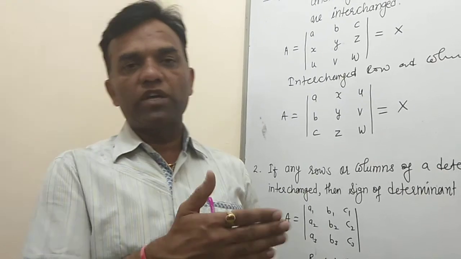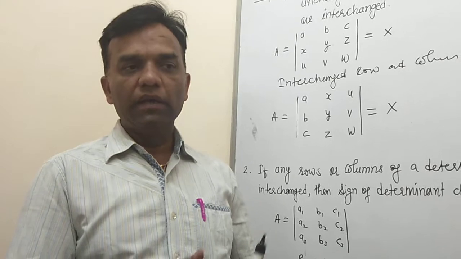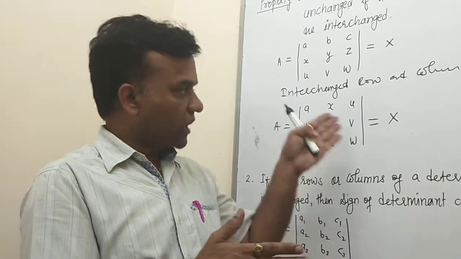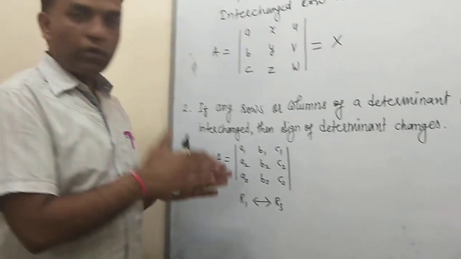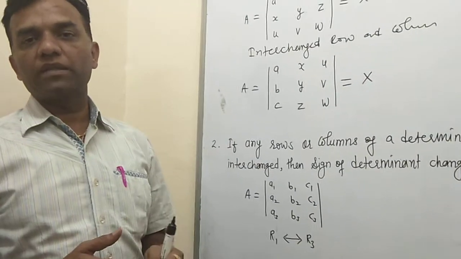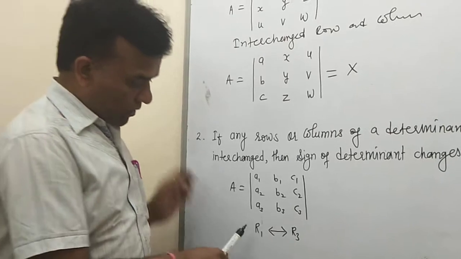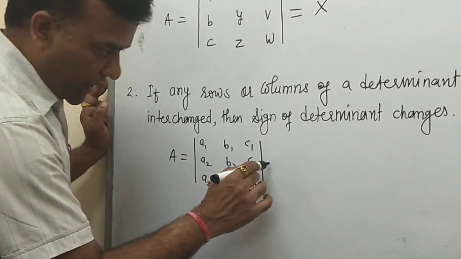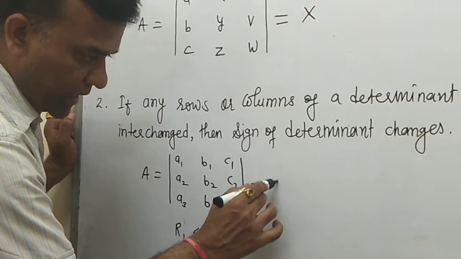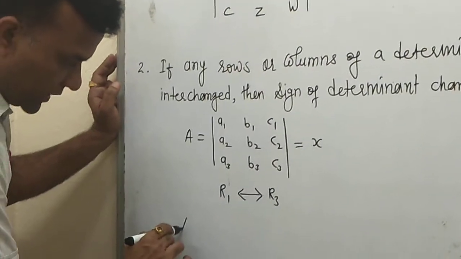Like R1 changed with C1, that is not possible. Converting all columns as in the first property is possible, but a single row is not interchanged with a single column. So here you interchange R1 with R3, and again your answer is X.